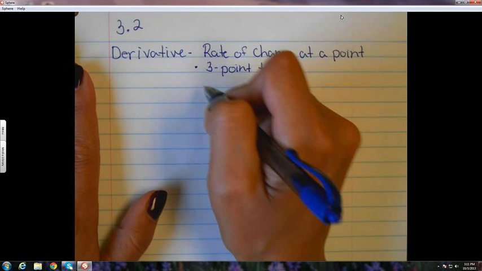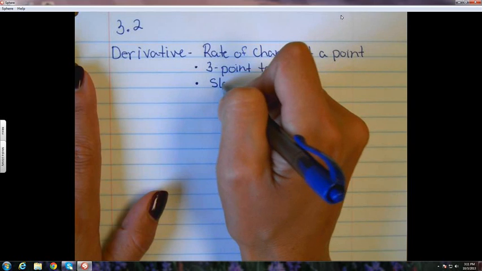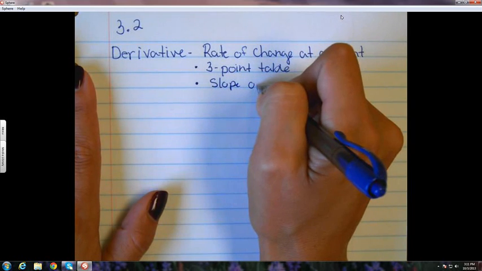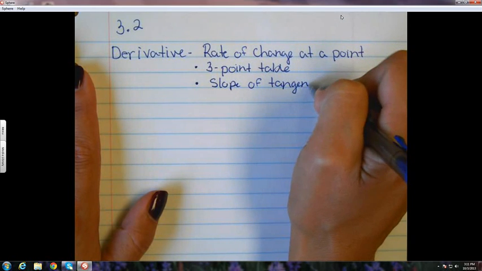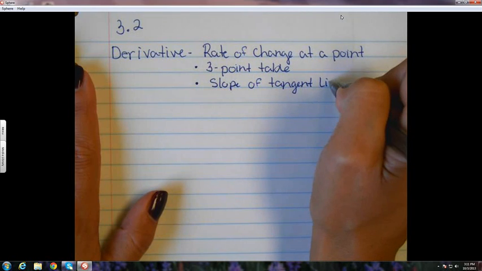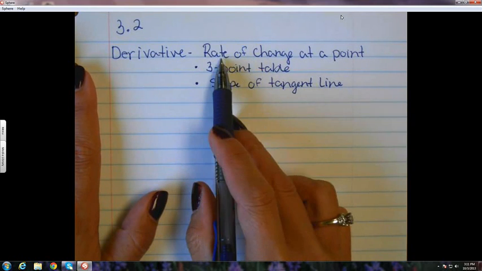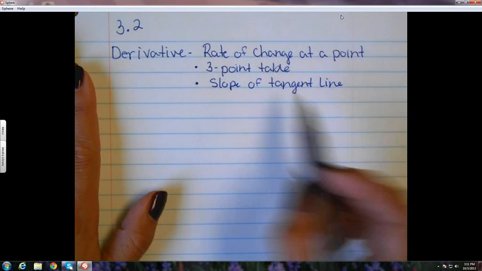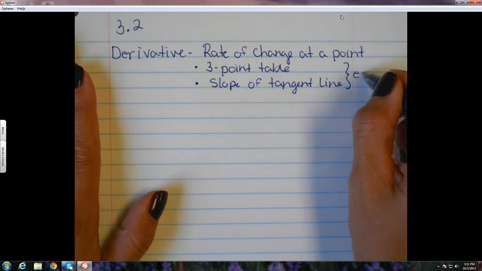And the other thing we did was we counted the slope of the tangent line if we didn't have the equation to get the values. So the slope and the 3-point table both gave us values for the rate of change. And both of these were ways that we estimated. They were estimates.